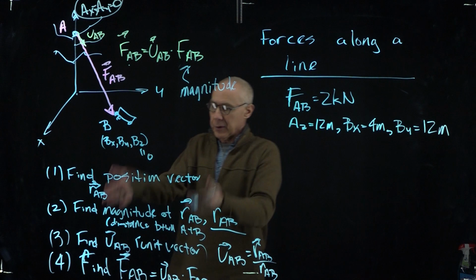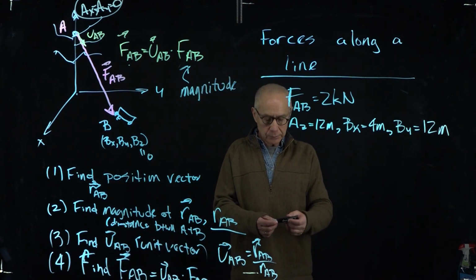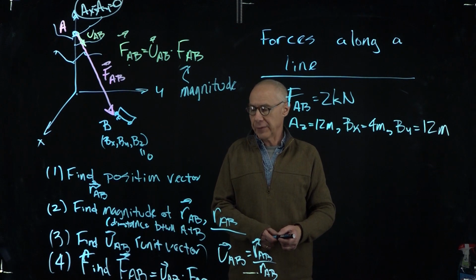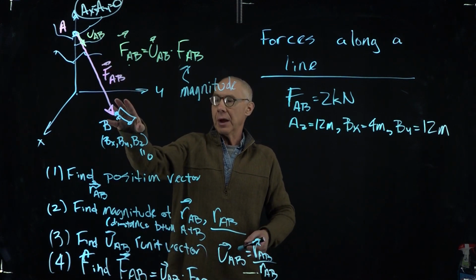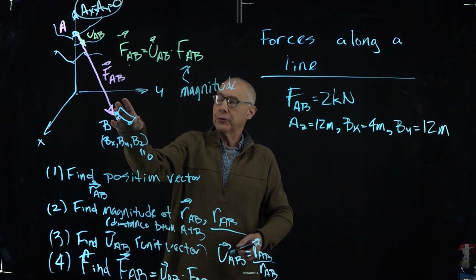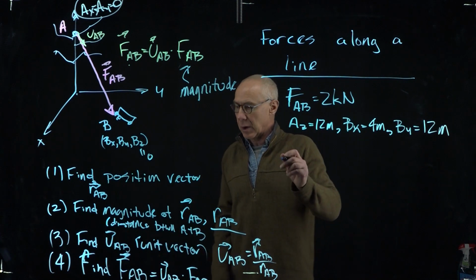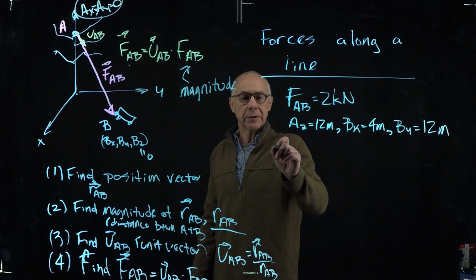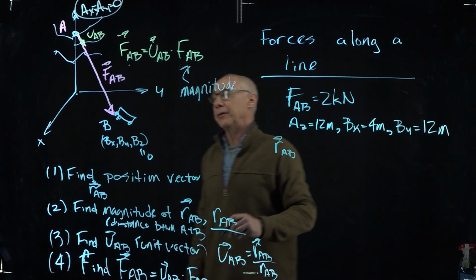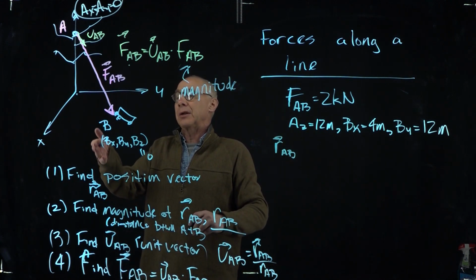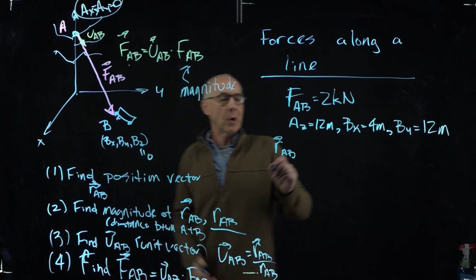So let's follow our four-step process and see if we can find our force vector AB along this line that describes the force that the tractor is pulling on the tree. All right, so what is our position vector? So RAB, simply enough, we're going from the origin to BX and BY.